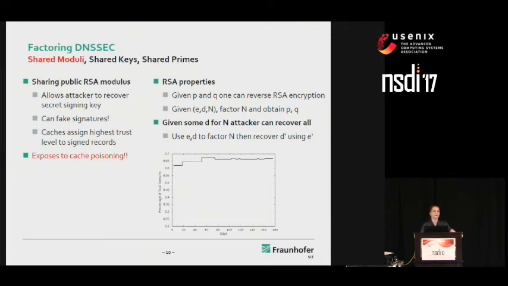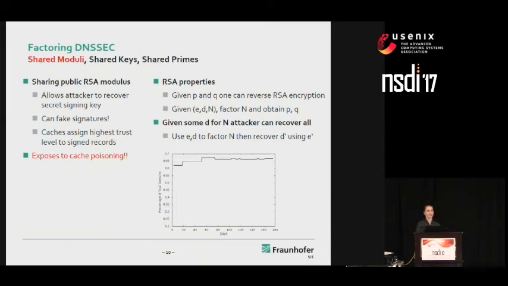Sharing a public RSA modulus is a known bad practice, of course, because if an attacker can sign his domain and obtain the public modulus and the private keys, he could recover also keys of another domain signed with the same modulus.